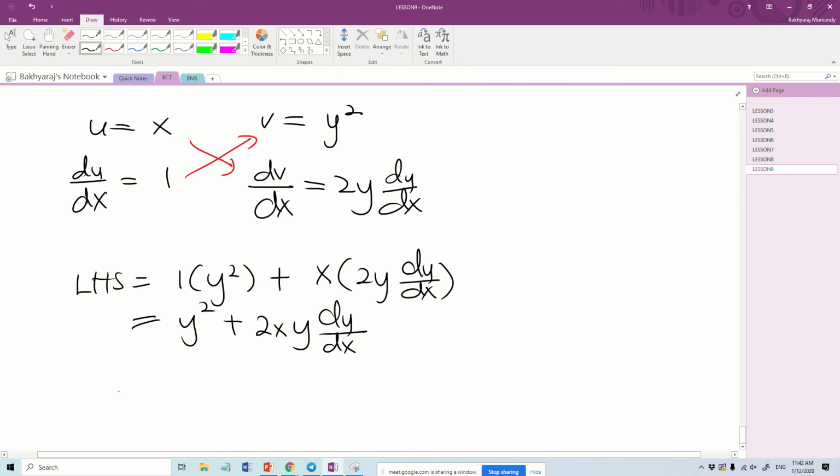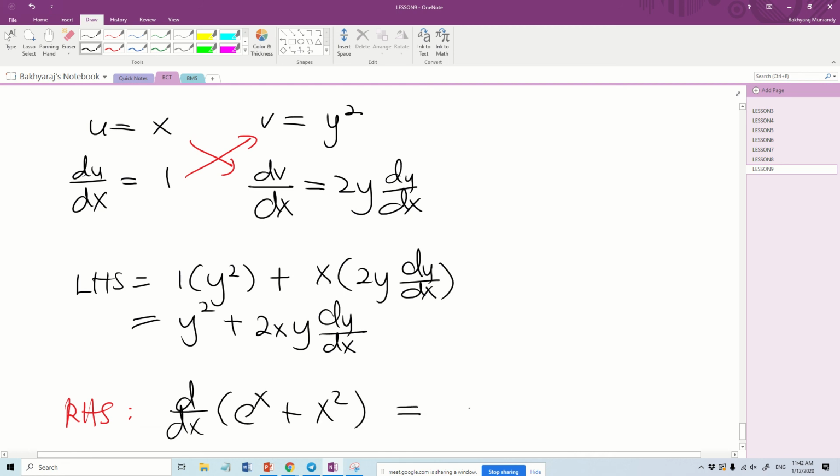Okay, so right hand side. Okay, I do it. I get d dx for exponent x plus x square. I'll get what?